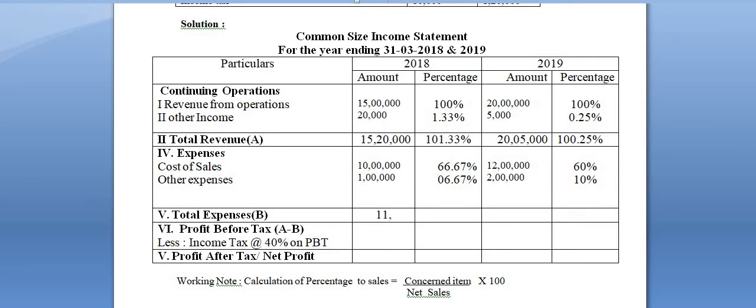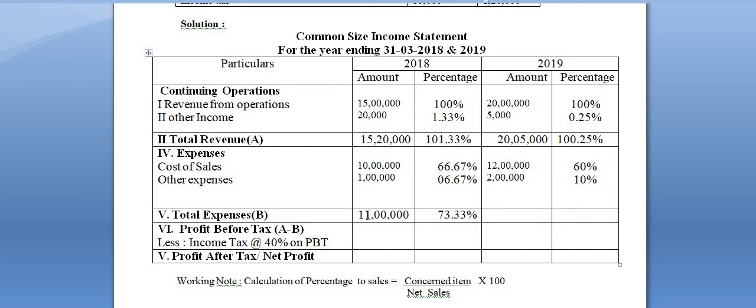So total is 11 lakh. What is the percentage? 11 lakh divided by 15 lakh into 100 is equal to 73.33 percent.